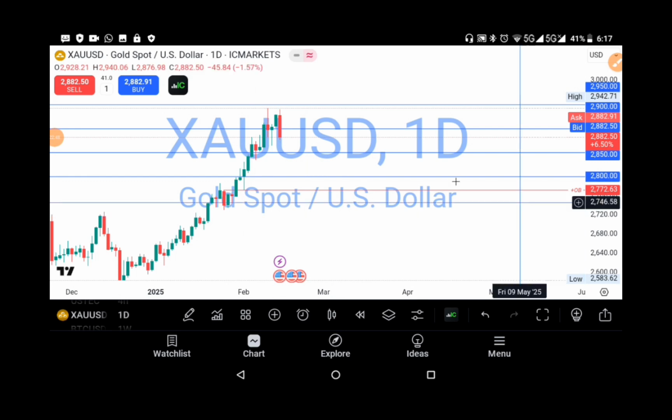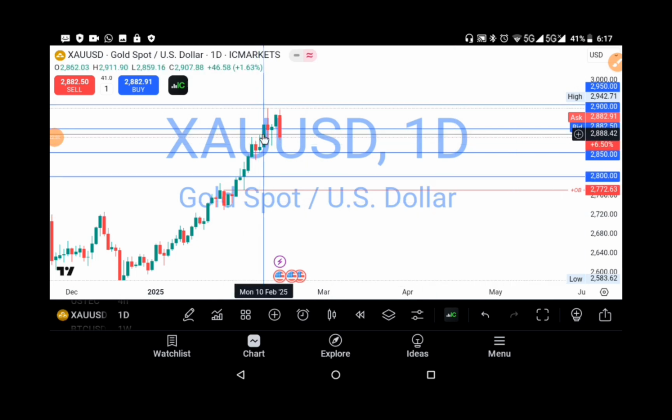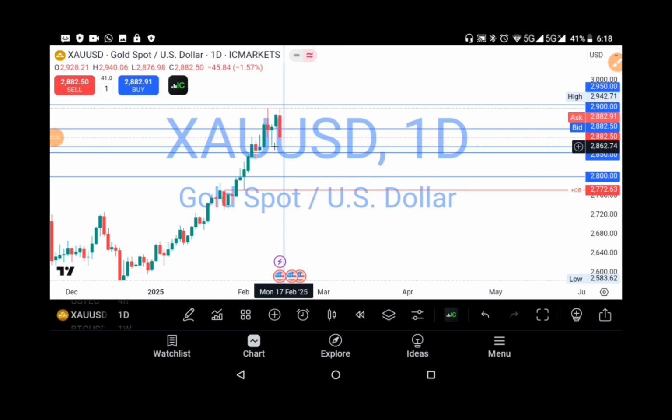2,900 has been taken. Sorry, I was expecting 2,950. 2,900 has been taken, but 2,950 has fallen short of some movement.